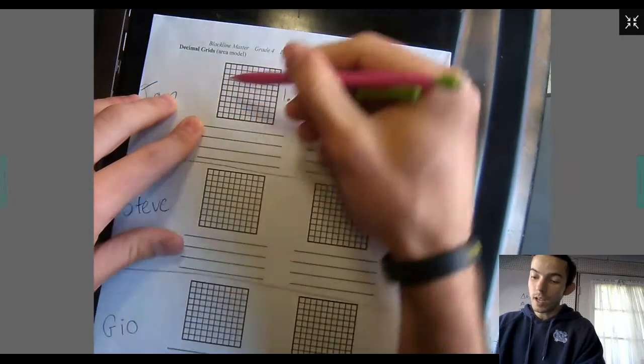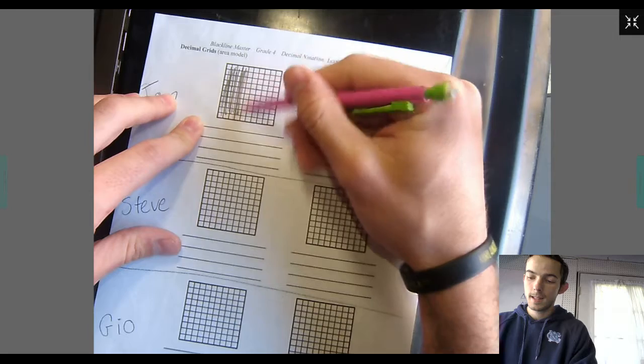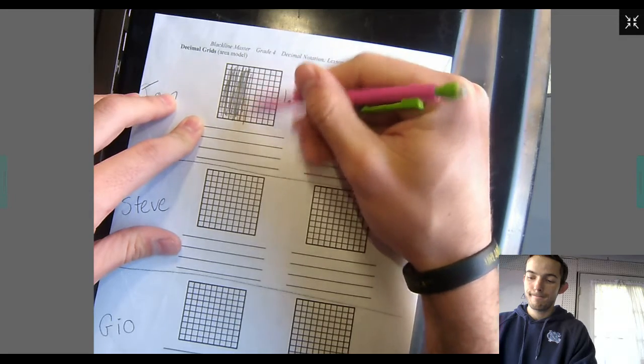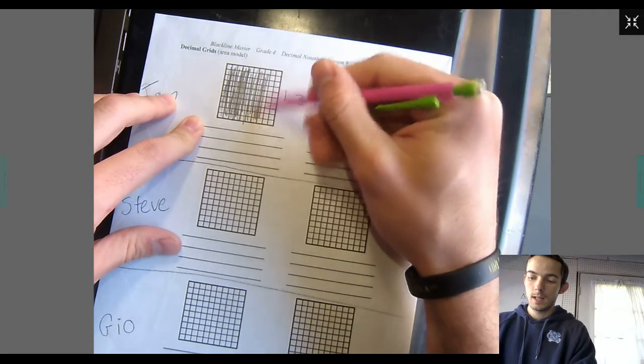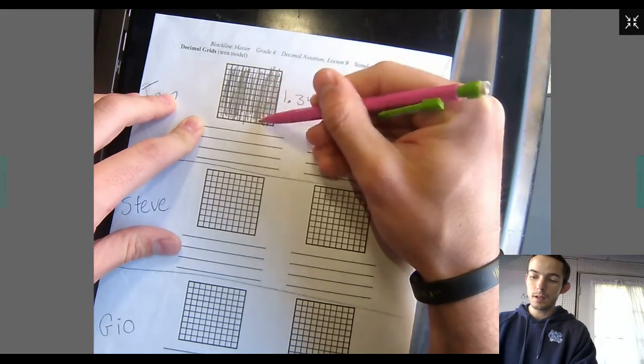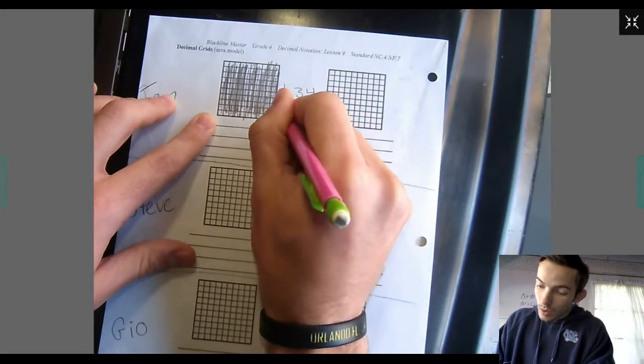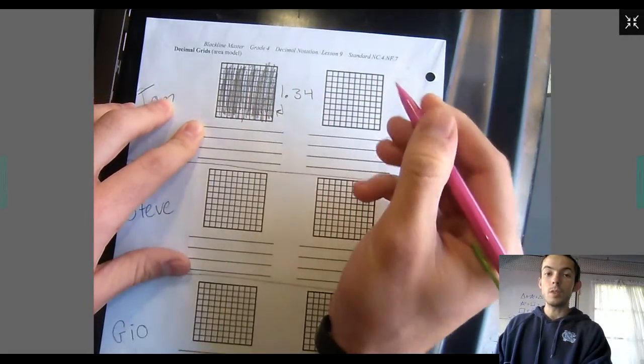So this entire grid here is going to be shaded in. It doesn't have to be perfect, but you do want to make sure that students understand that this entire grid needs to be shaded in to represent one whole.